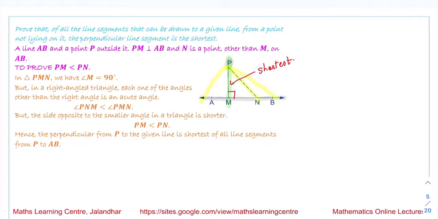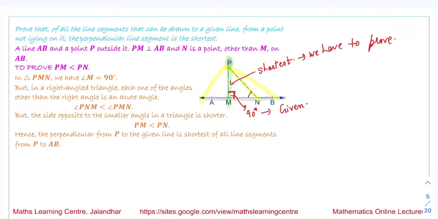So what is given to us is that this angle is 90 degrees, and we have to prove that this is the shortest line. Suppose I am talking about the other angles over here.